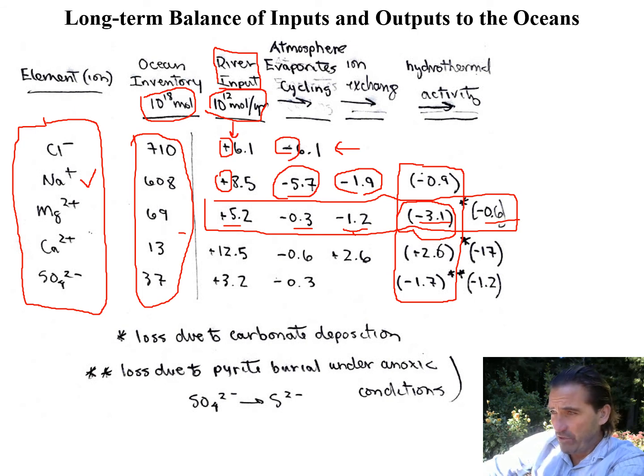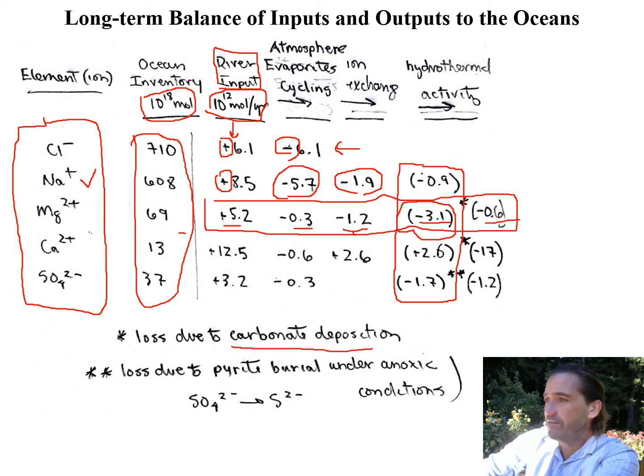And so we can look at these other elements as well. There are a couple other processes that affect these elements, such as calcium. One effect is carbonate deposition. So just the formation of calcium carbonate, maybe even the burial of calcium carbonate in terms of living organisms.